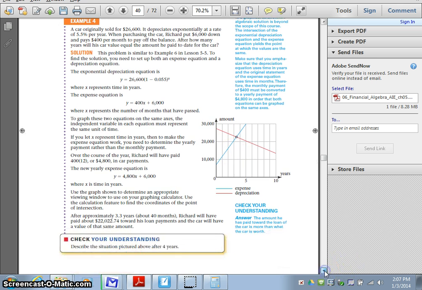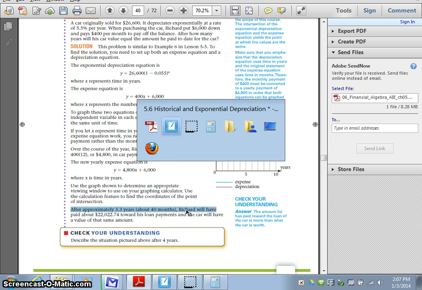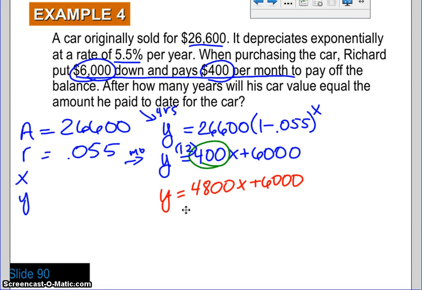As we graph these, you can see in this last paragraph, after approximately 3.3 years or 40 months, Richard will have paid about $22,000 towards the car, and he'll have a value of that same amount. Before that point, he owes more on the car than what it's worth. He's upside down on it. After that point, he has value on the car because he owes less than what it's worth.